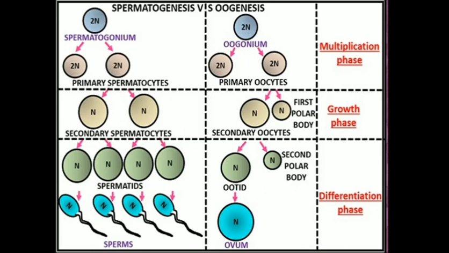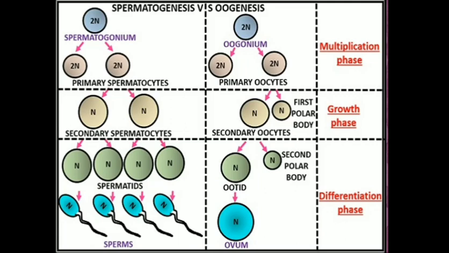Hope it's clear. Once again, spermatogenesis is the synthesis of sperms within the seminiferous tubules of the testis. Oogenesis is the synthesis of ovum within the follicles of the ovary. Second point of difference, spermatogenesis begins at puberty, oogenesis begins during embryonic development itself.